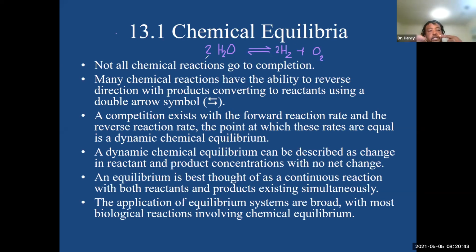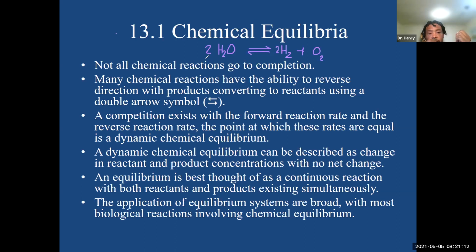So there's a competition occurring between those two. And there's going to be a point where these rates reach what we call equilibrium, or a dynamic chemical equilibrium. That's basically when you get an overall no net change between the concentration of the reactants and the concentration of the products.